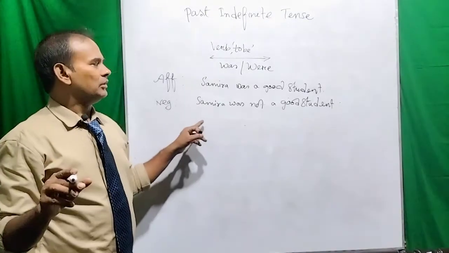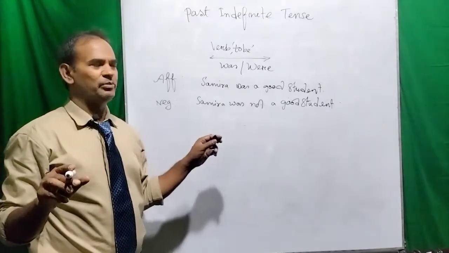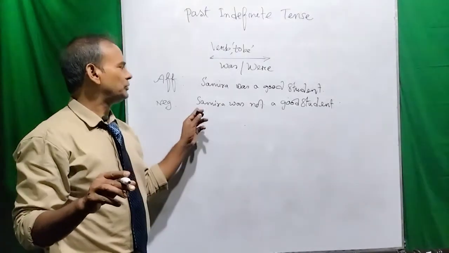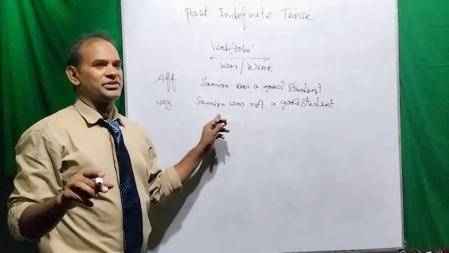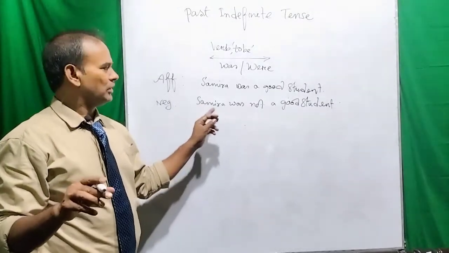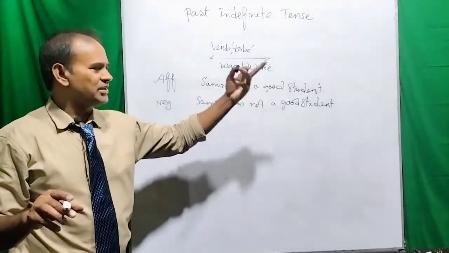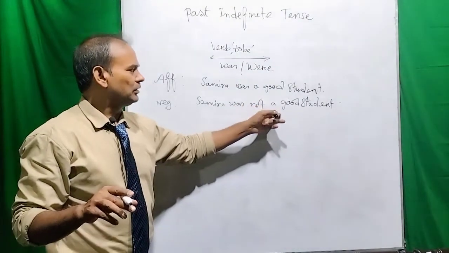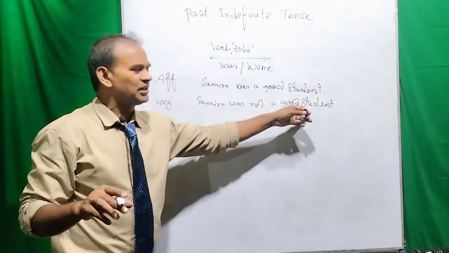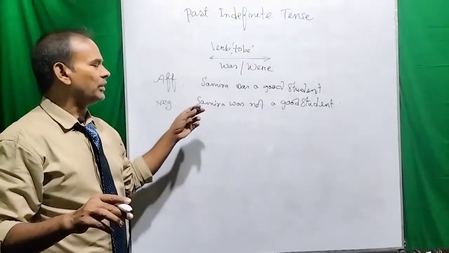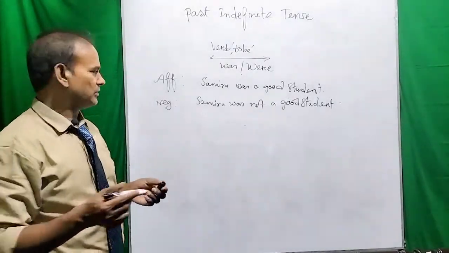First, the formation or structure of the sentence changes, and also the meaning of the sentence changes with the change of the formation. So Samira was not a good student. That means Samira was a bad student, or Samira was not so good a student, etc. So the meaning has been changed in the sentence and also the structure.